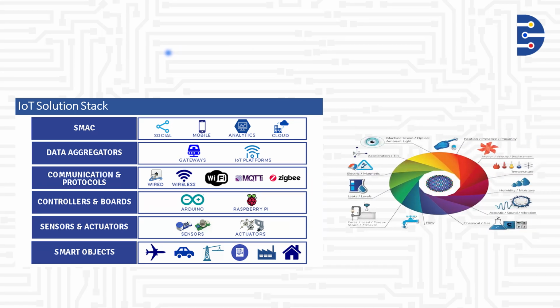There are so many kinds of sensors available in the market for you to build your solution. Different sensors sense different things. Let me list a few. Proximity sensor, which is generally present in your mobile phones, will detect if you are close to that particular object or the sensor.